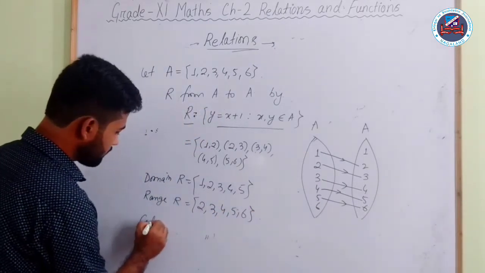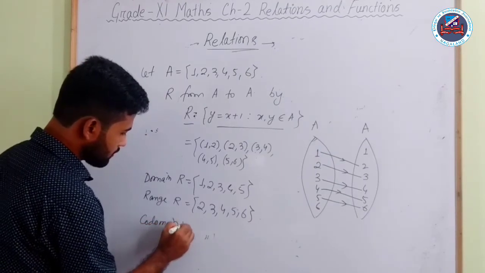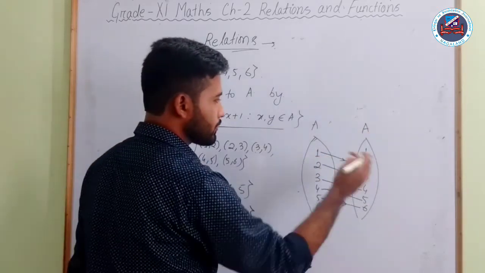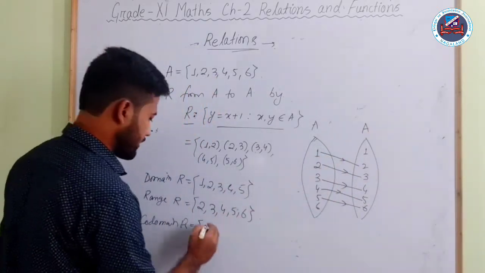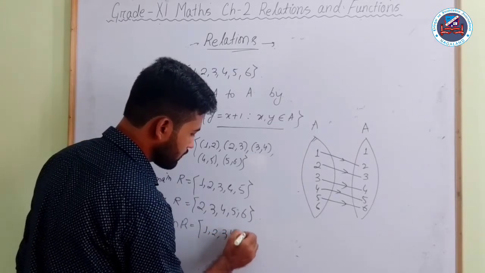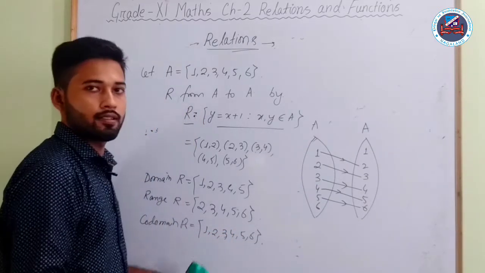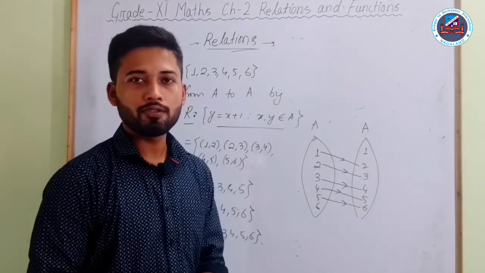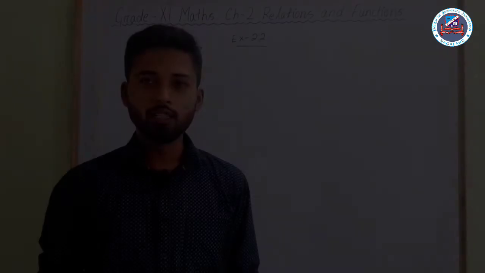And the codomain of R will be all the elements of the next set: 1, 2, 3, 4, 5 and 6. So that is all about the relations, and now we shall proceed to exercise 2.2.